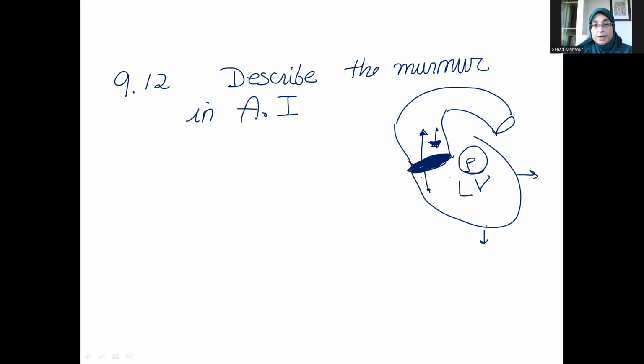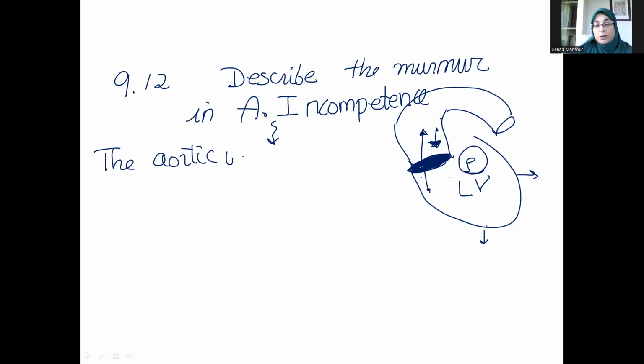So if the aortic valve is incompetent, this simply means one important thing. You can just write this flow chart in order to be able to describe the murmur accurately. So if you have aortic incompetence, this means that the aortic valve does not close.